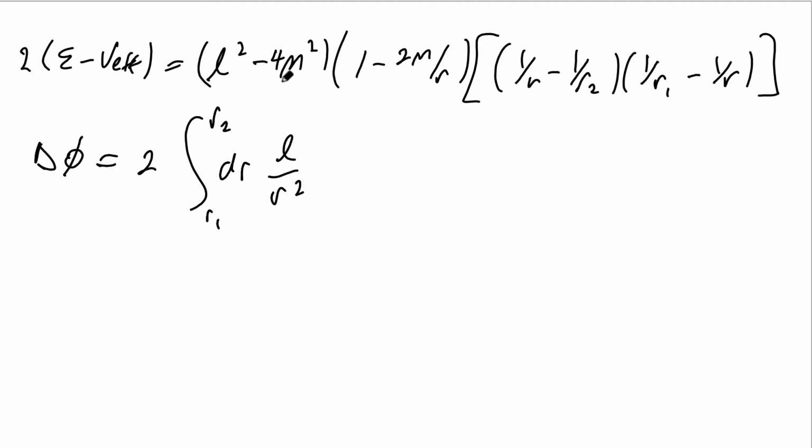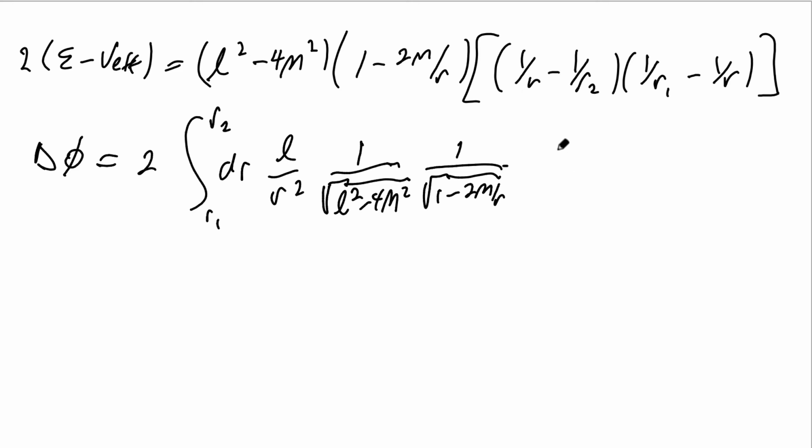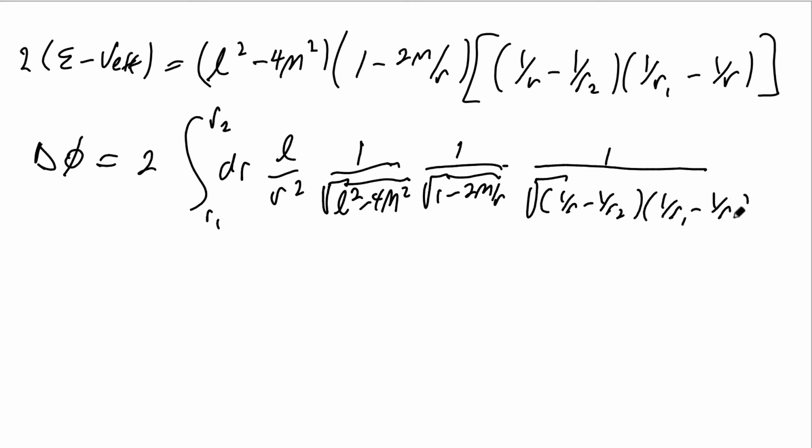So let's write that as separate terms. We have 1 over the square root of L squared minus 4m squared. We have a factor of 1 over the square root of 1 minus 2m over r. And then we have the remaining factors, 1 over the square root of 1 over r minus 1 over r2 times 1 over r1 minus 1 over r.